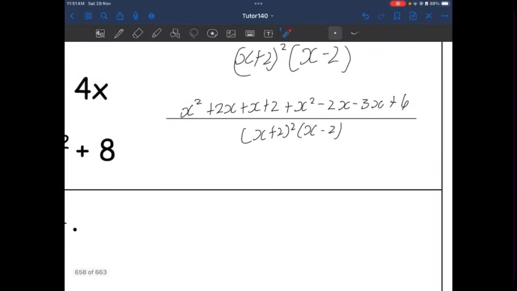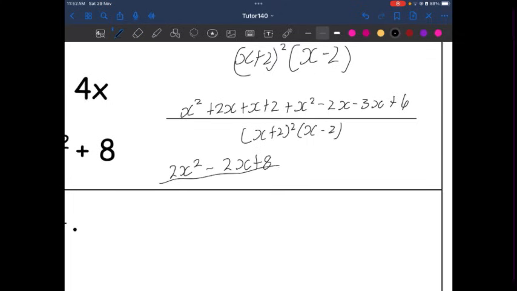So that's x squared plus x squared, that's 2x squared. 2x plus x is 3x, 3x minus 2x is just x, and then x minus 3x is minus 2x. 2 plus 6 is just 8, so plus 8.